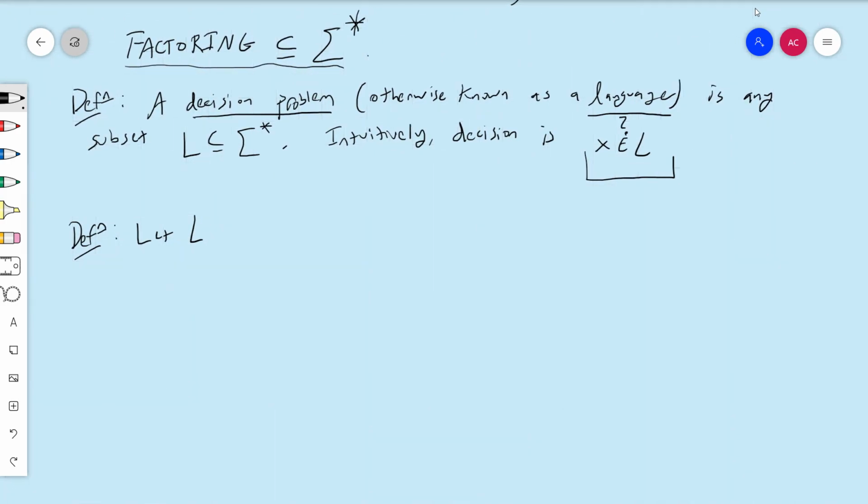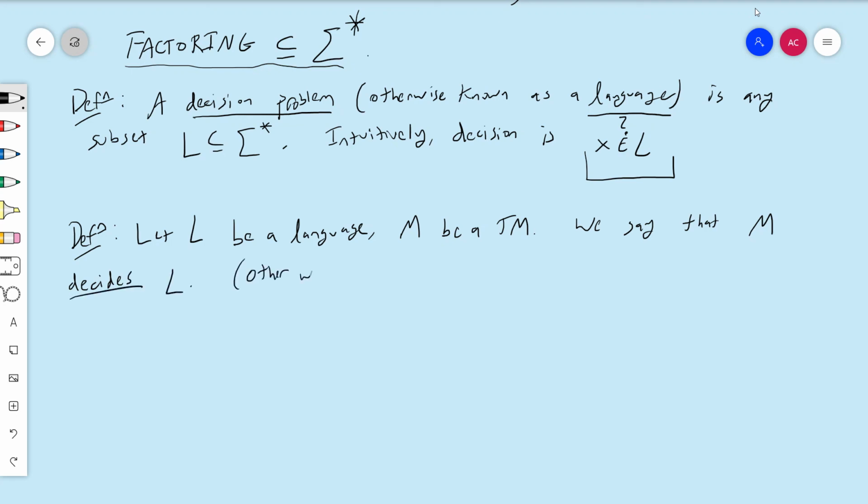In a lot of textbooks, they use languages too. So let L be a language or a decision problem. Let L be a language, and then M be a Turing machine. We say that M decides L. There's a lot of words for this because this is the definition.